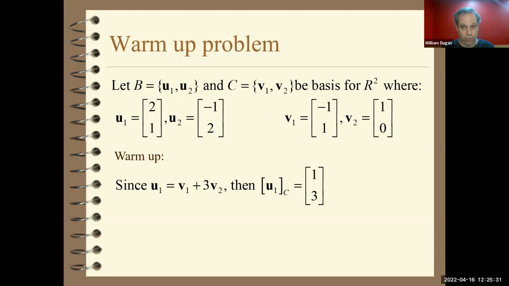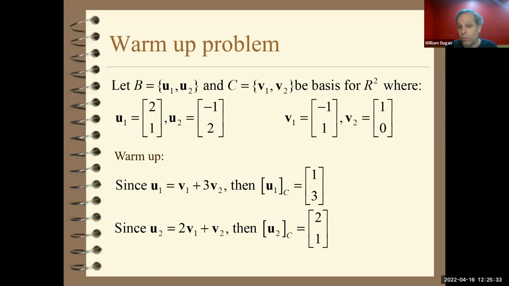U2 is also in R2, so I can find its coordinates relative to C if I wanted to. U2, though, notice, is 2 times V1 plus V2. So the coordinates of U2 relative to C is the vector 2, 1. So I now know U1 and U2 relative to C.